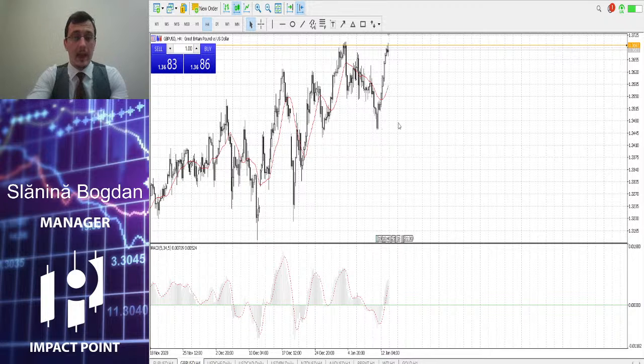But again, I recommend you look for good setups, and more specifically, we have to wait for confirmations here, like a pin bar or a bearish engulfing pattern, and after that we will definitely have a very good sell. Look here at the MACD.